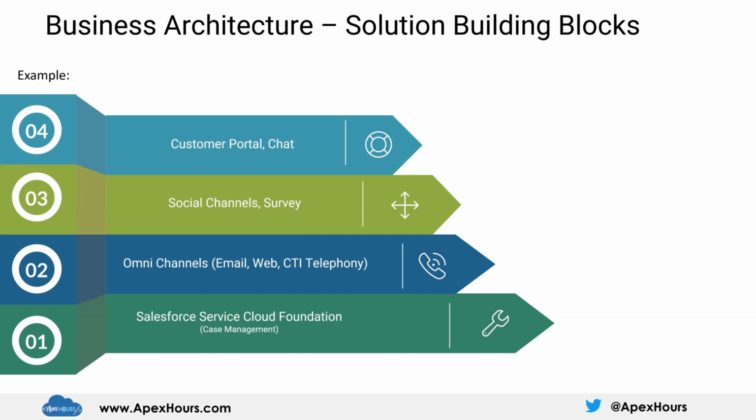So you need to make sure that you are educating your business counterpart on the logical way of moving forward as part of an architectural runway, right? Which are the things that you need to pick first, which are very, very crucial, like a Service Cloud Foundation, before you top up any solution building blocks on top of it. The same goes for a Revenue Cloud implementation or a Field Service implementation.